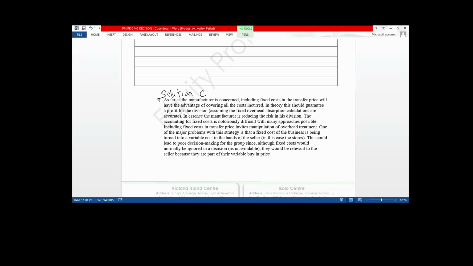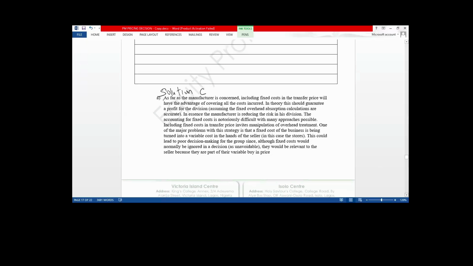Ordinarily, fixed cost should not be included in transfer pricing, because fixed cost is not a relevant cost. So I'm going to keep it low here. When we get to the topic, maybe we'll be able to dwell more on that.